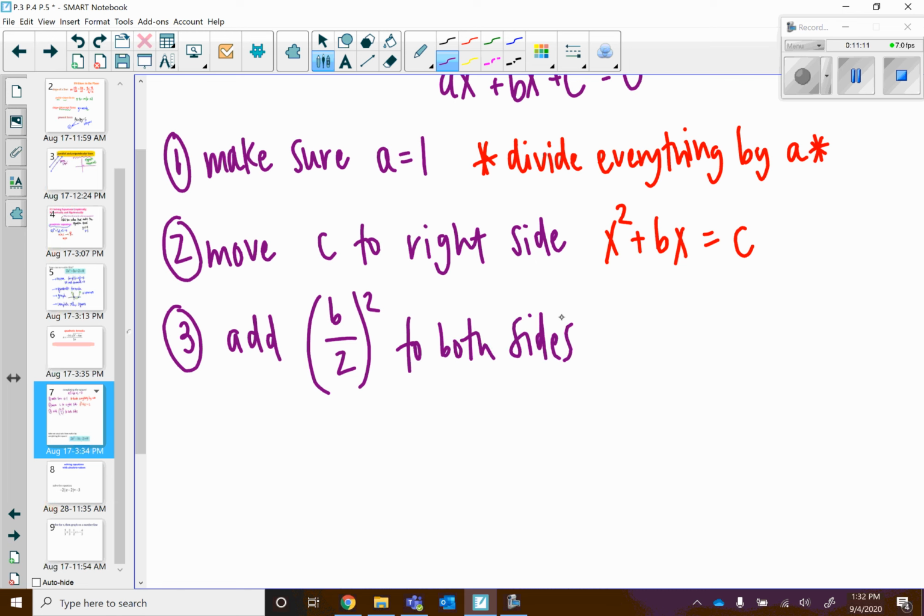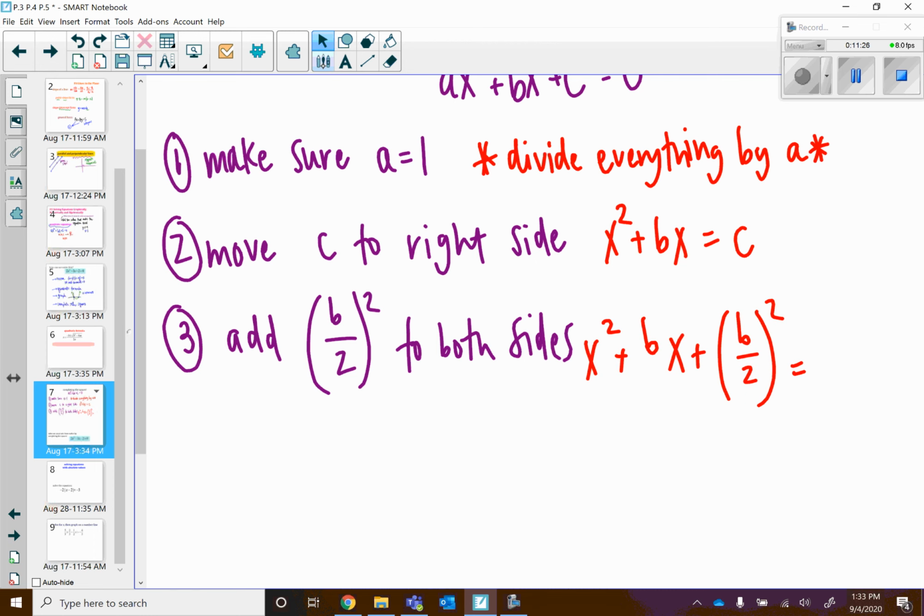So it's going to look something like this: x squared plus bx plus b over 2 squared is equal to c plus b over 2 quantity squared.